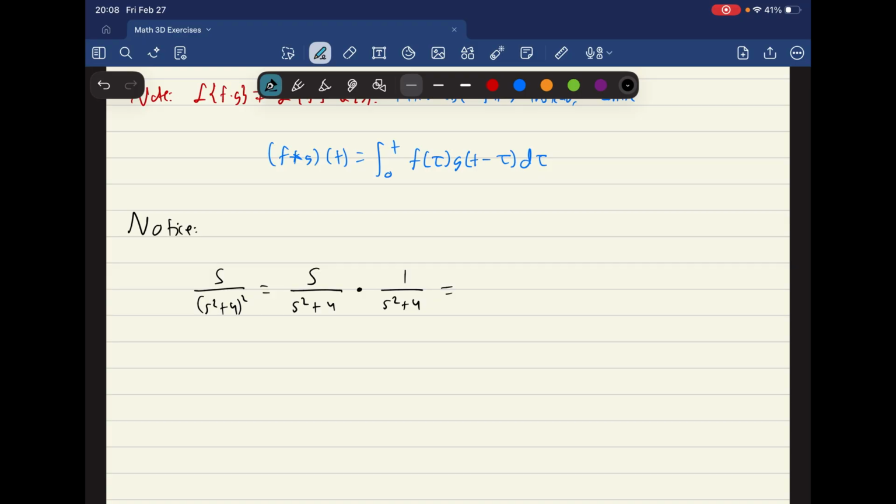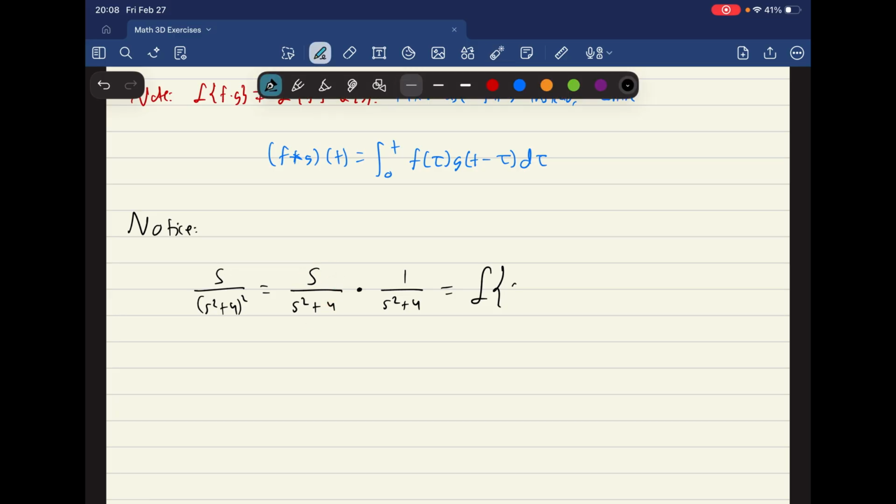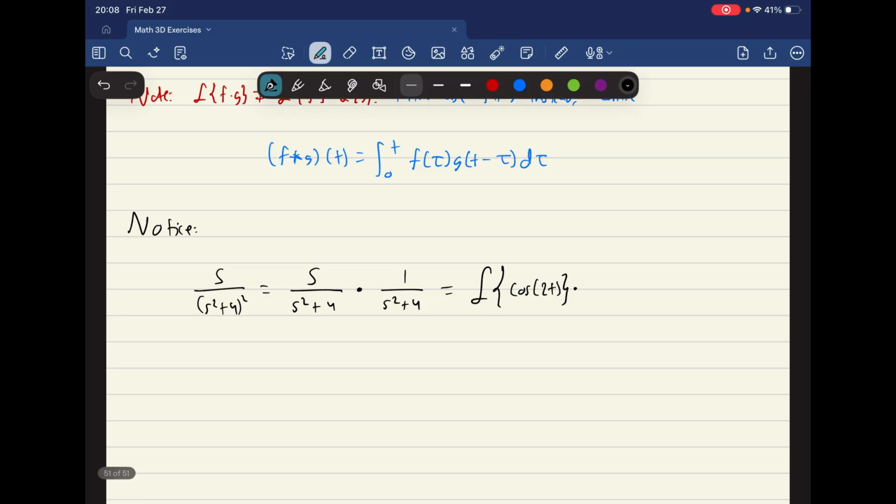And this in turn is exactly the Laplace transform of, well, the inverse Laplace transform of this, because 4 is 2 squared, is going to be cosine of 2t. And likewise, here we need to multiply and divide by 2, and we get the Laplace transform of 1/2 sine of 2t.